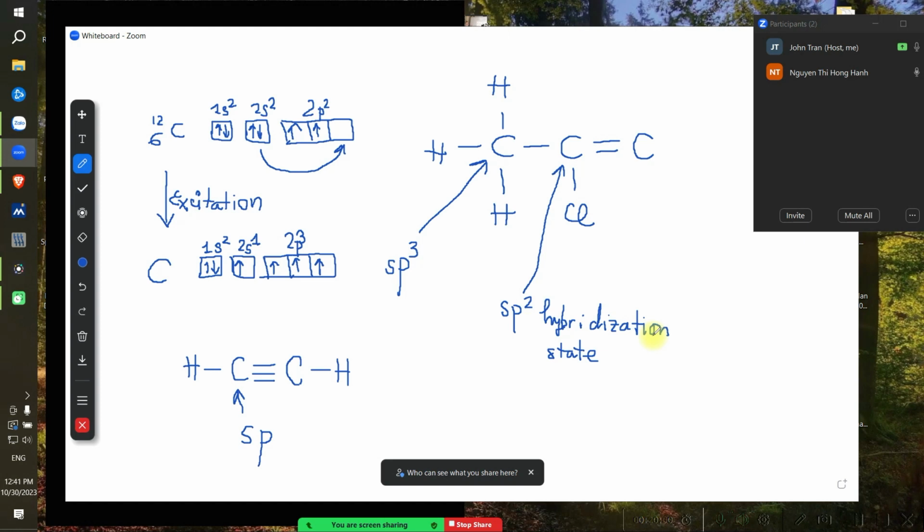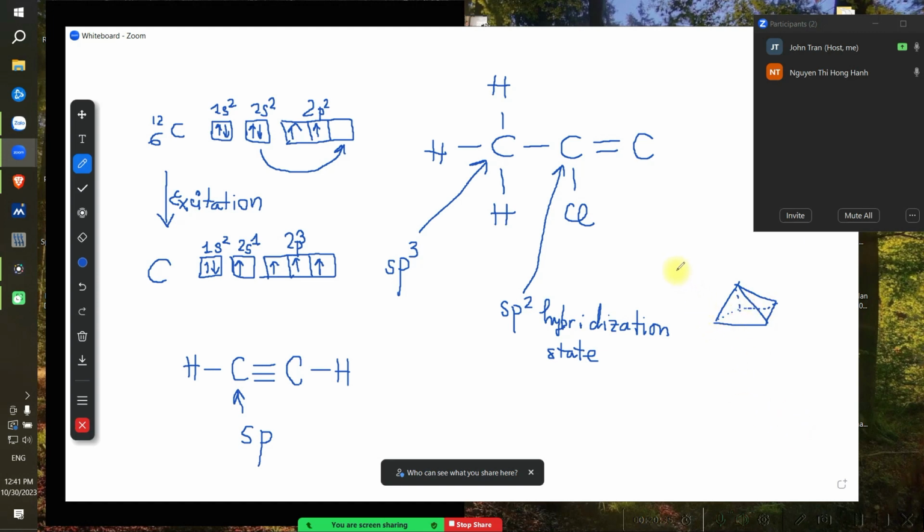But what can we tell if we have that hybridization state, like when we compare sp3 or sp? Well, sp3 actually will form that kind of, you know, hình tứ diện. Remember the shape of methane, right?